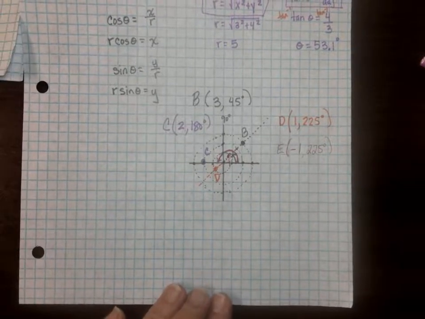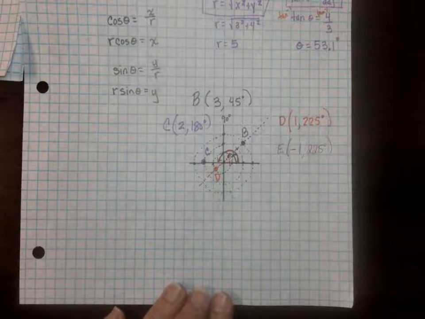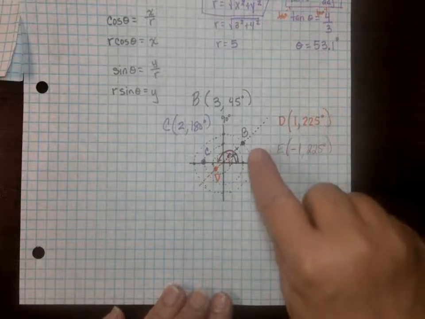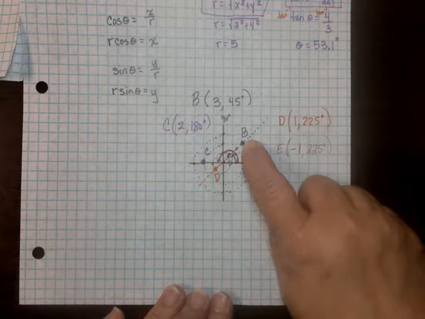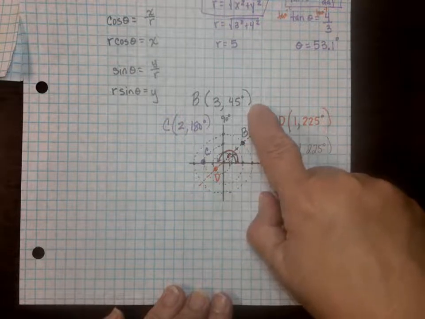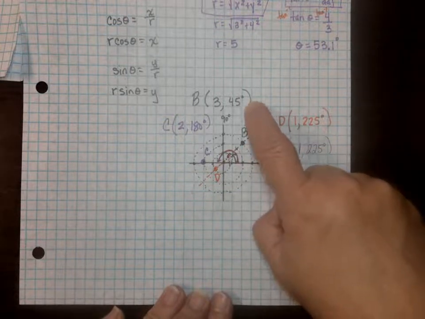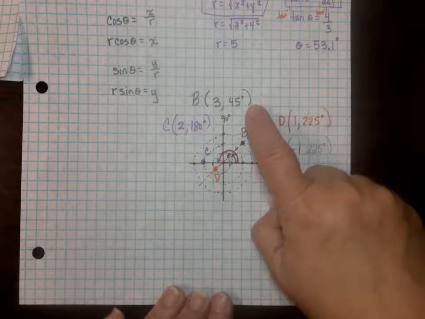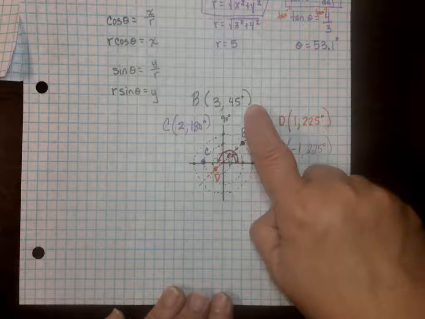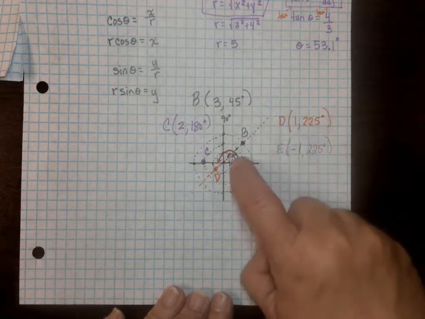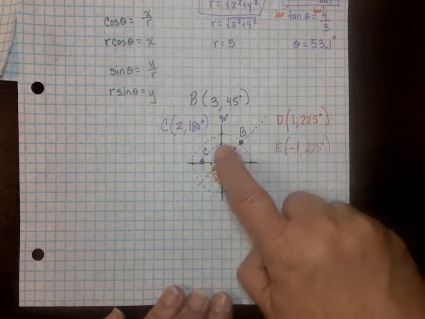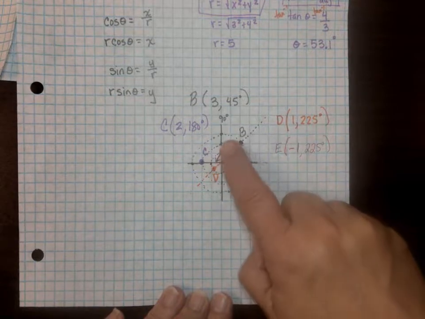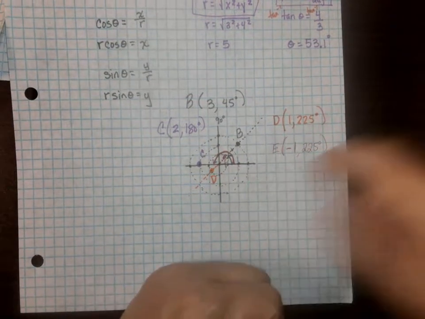Now, one last interesting thing about polar coordinates. This point B is at 45 degrees. That's true, but that is not a unique ordered pair, because remember, polar coordinate angles go around and around.